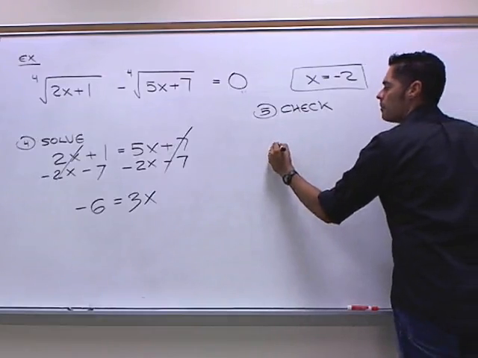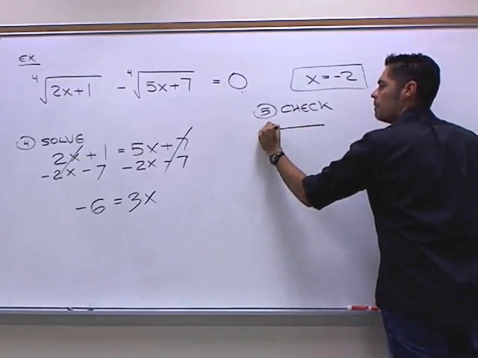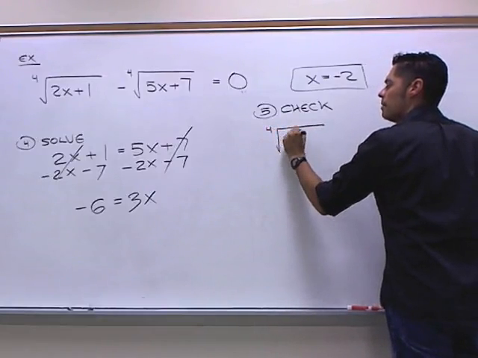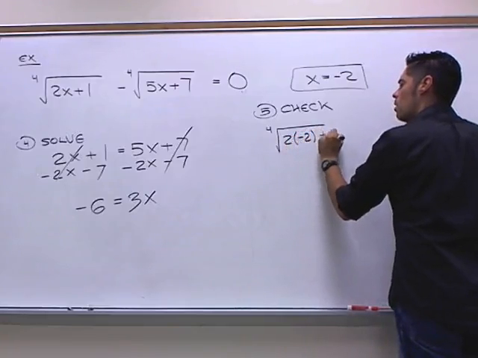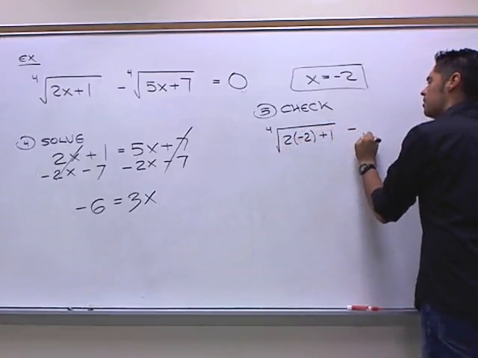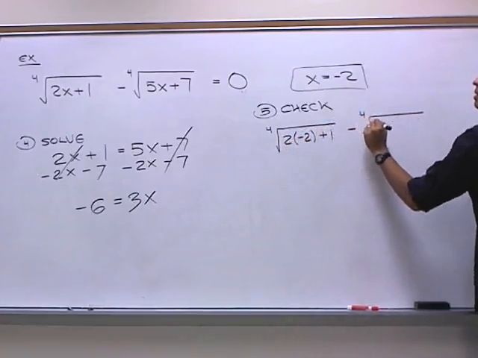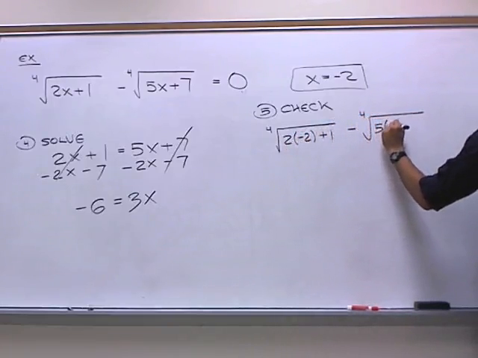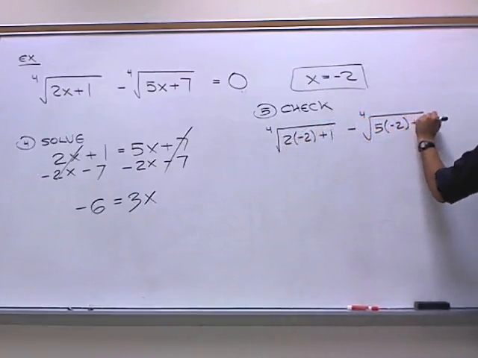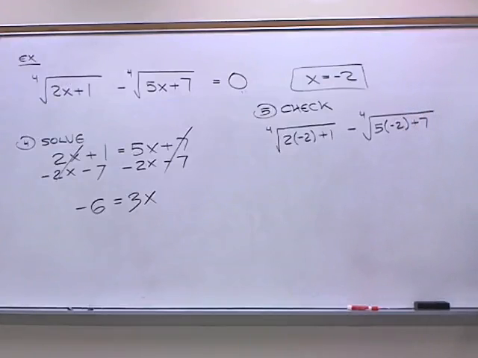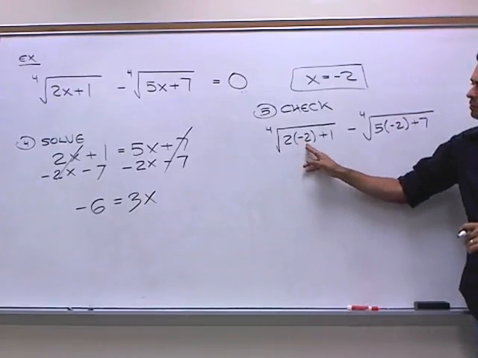Okay, here we go. 4th root of 2 times negative 2 plus 1 minus 4th root of 5 times negative 2 plus 7. Are those the same? That's the question. So what's 2 times negative 2?